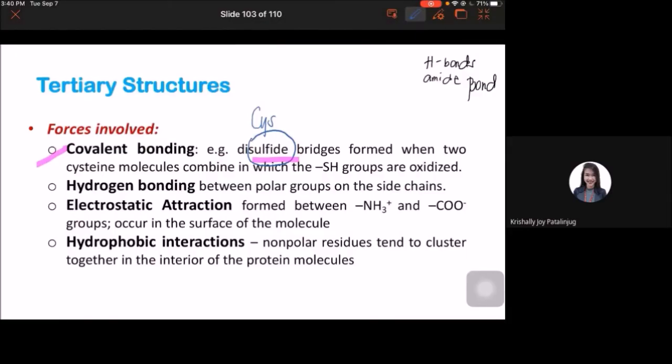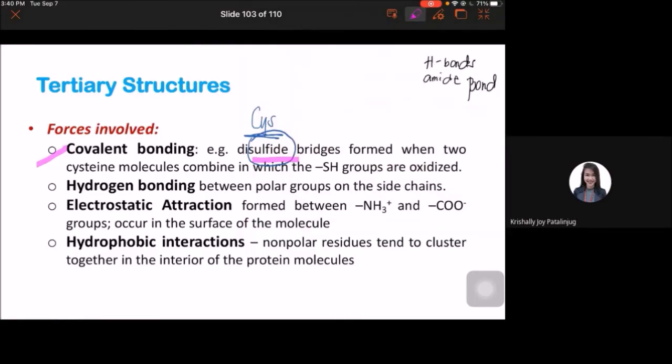Cysteine has sulfur. Very good. Cysteine, the amino acid, has sulfur. It is a sulfur-containing amino acid. That is why it is capable of forming disulfide bridges.